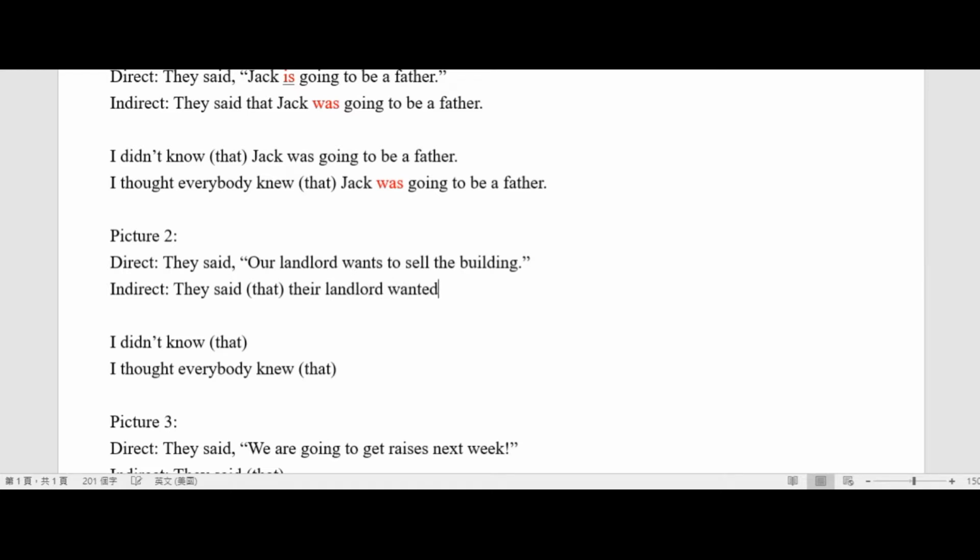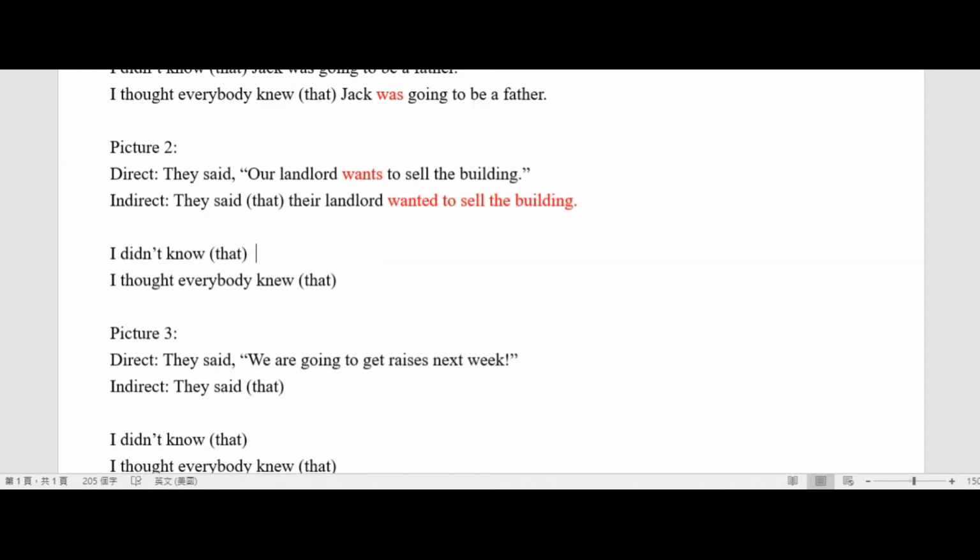Wants becomes wanted, because you see present simple tense becomes its past tense. Wanted to sell the building. So the indirect speech will be, they said that their landlord wanted to sell the building.